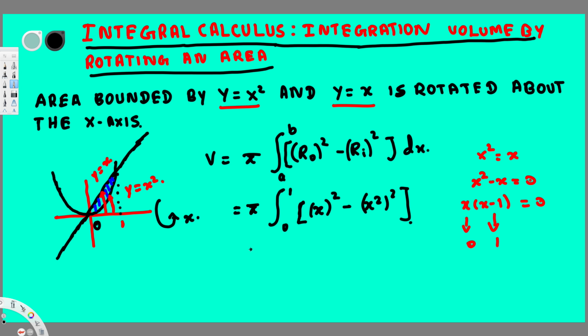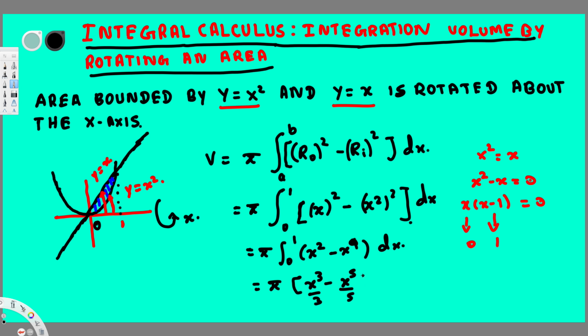Now if you square this one, this is going to be pi integration 0 to 1 of x squared minus x to the power 4, and also we have dx right here. This is an easy integration. This is going to be pi times x cubed divided by 3 minus x to the power 5 divided by 5, and that's it. And that's going from 0 to 1, right?